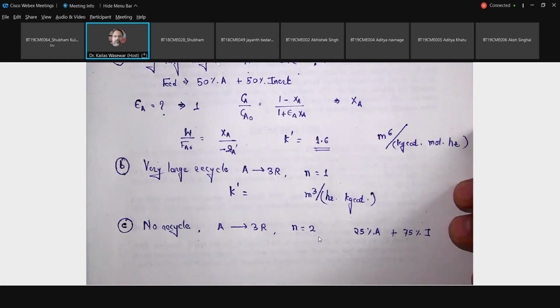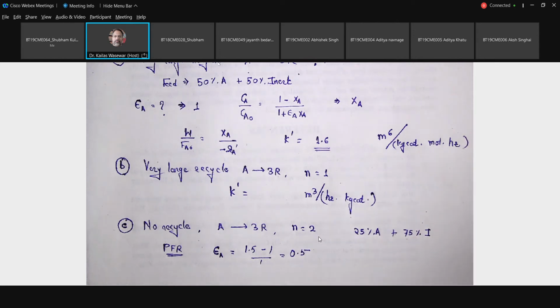So in this case, no recycle, it will be simply PFR. But before proceeding, we have to find out epsilon A. So epsilon A will be 0.25 will become 0.75, and this 0.75, 1.5 minus 1 divided by 1. So it will be 0.5. Is it? So epsilon A will be 0.5.